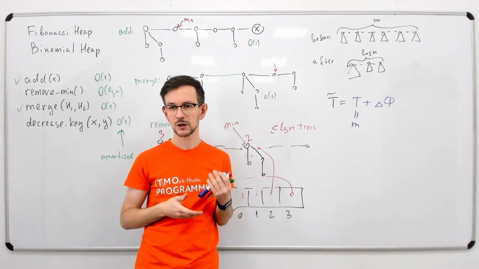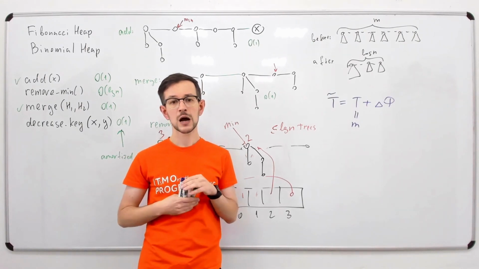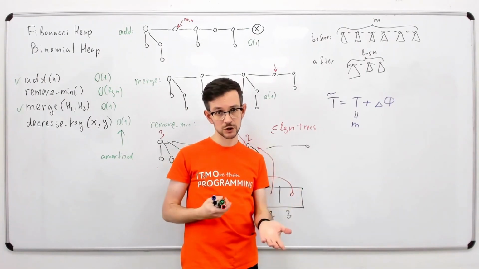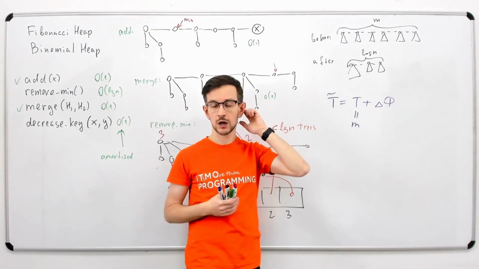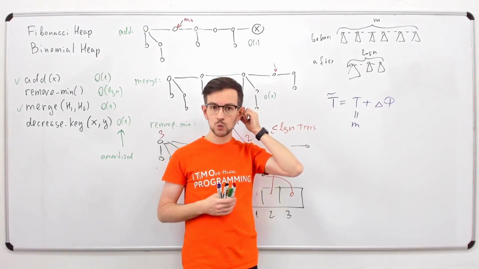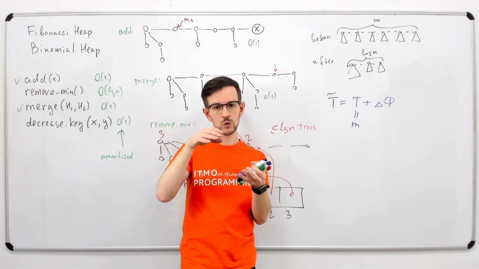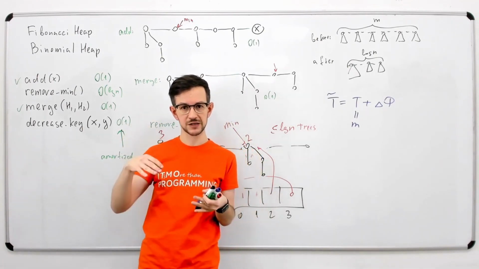Any ideas? Again, how does the amortized cost work? We make some potential function, like this phi. When we increase the potential function, we think that we spend more time. And when we decrease the potential function, we say that we spend less time.